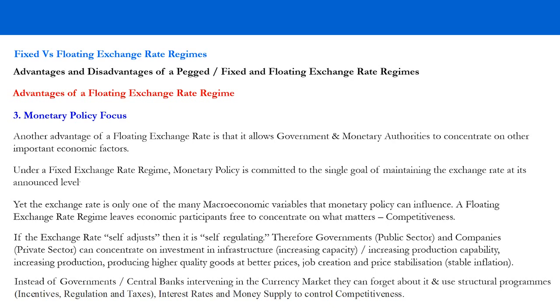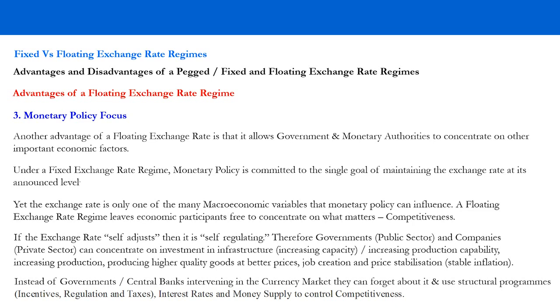The other thing that floating exchange rate regimes have in terms of potential advantages is that it gives the central authorities a monetary policy focus. So it allows government and monetary authorities to concentrate on other important economic factors.